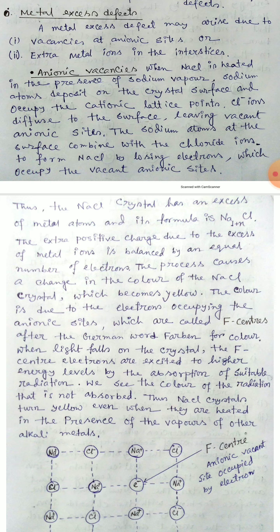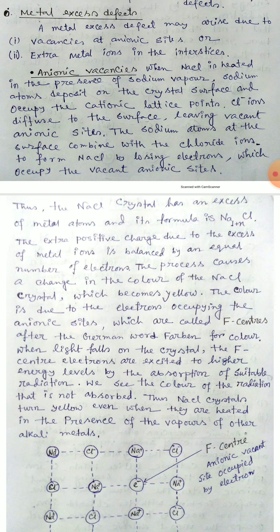Cl minus ions diffuse to the surface, leaving vacant anionic sites. The sodium atom at the surface combines with the chloride ion to form NaCl by losing an electron, which occupies the vacant anionic site.